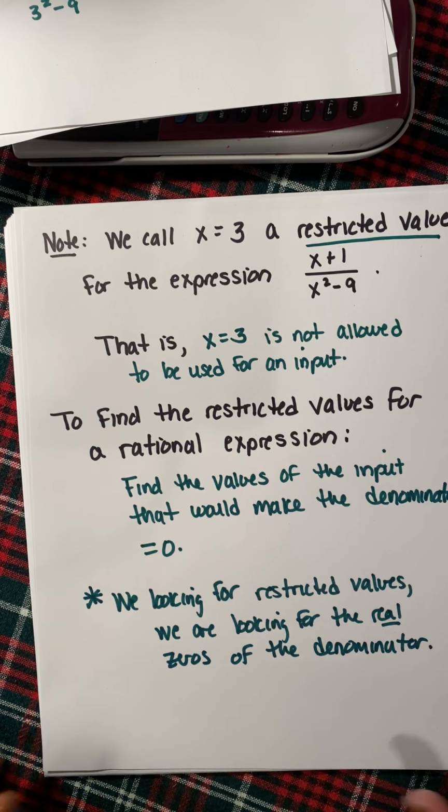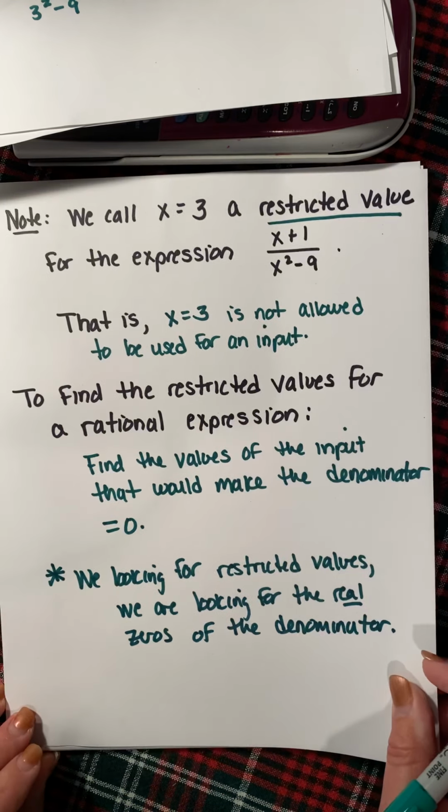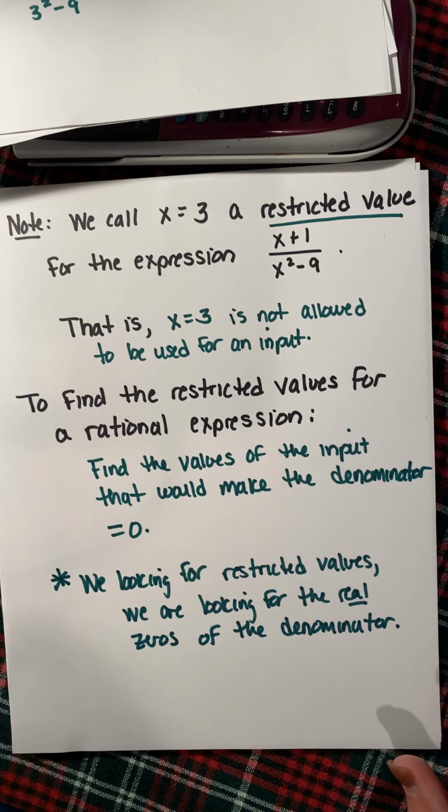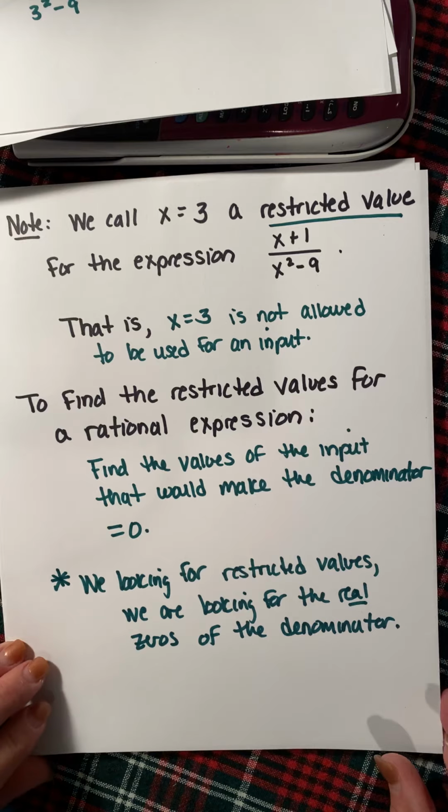So I know we talked about imaginary numbers in chapter 7. We're not using i's here, so if we come across a situation that only imaginary numbers make the denominator 0, we don't count them. We're just looking for real inputs that produce an output of 0 in the denominator.